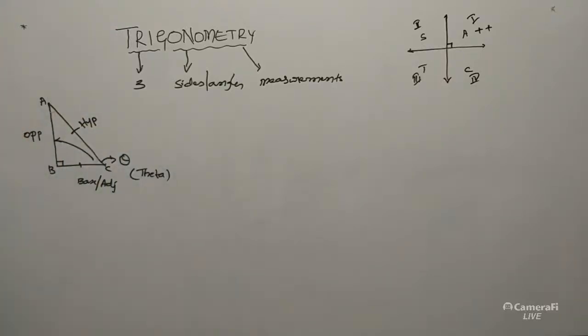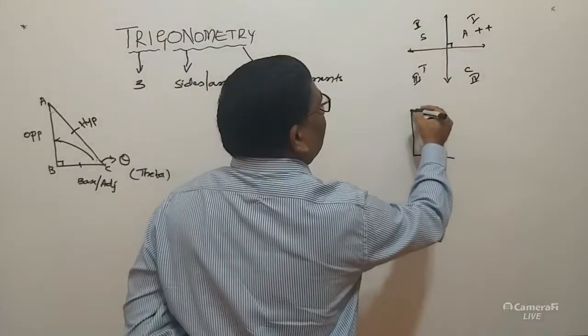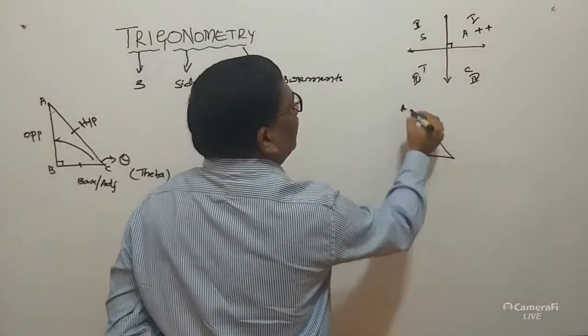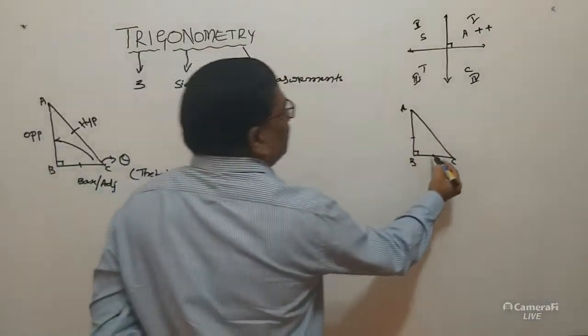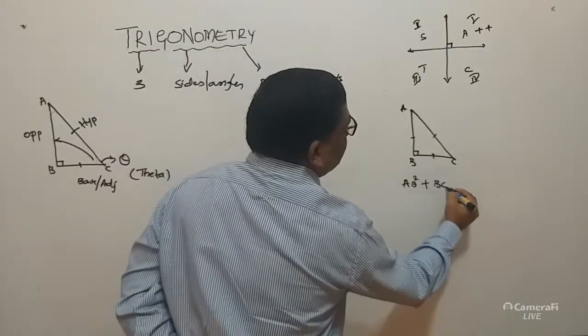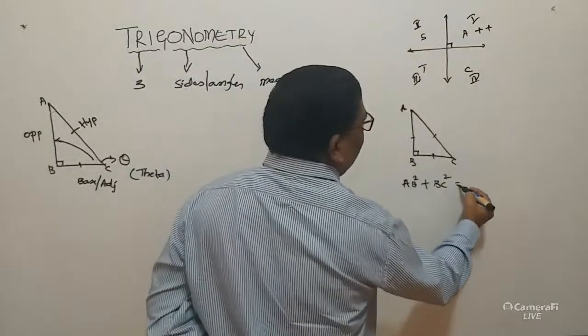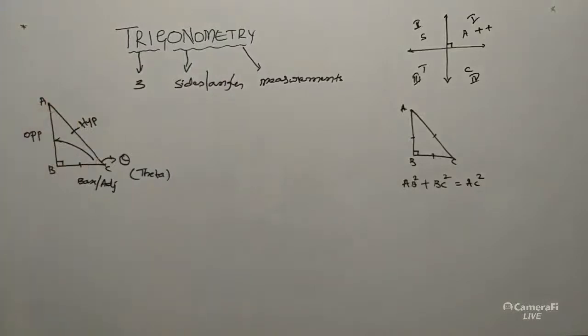Even this right angled triangle property we have learned in the previous class, which is called the Pythagoras theorem. A very beautiful theorem. What Pythagoras says is that in any right angled triangle, say triangle ABC, the sum of the squares of the two sides is equal to the square of the hypotenuse.